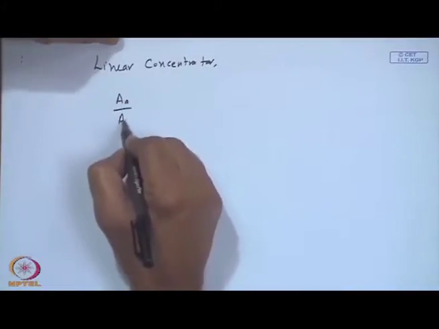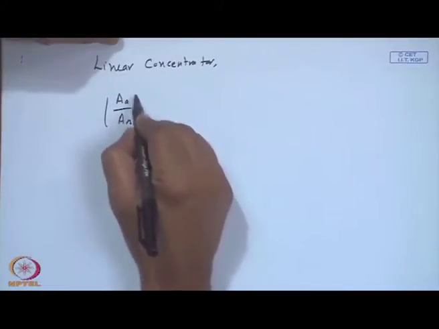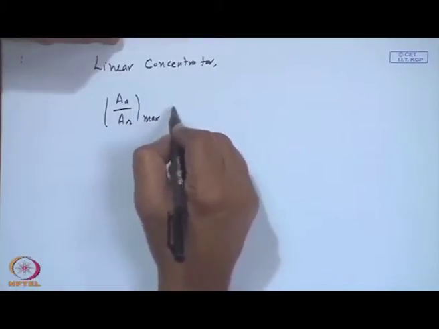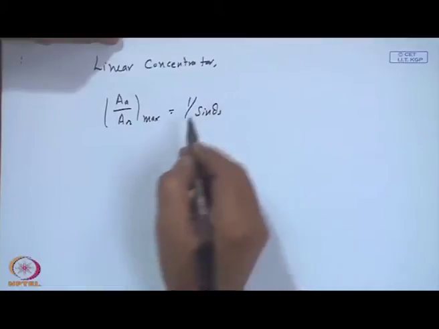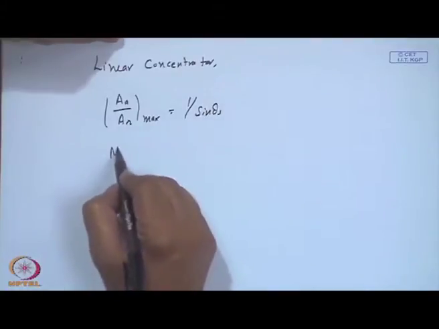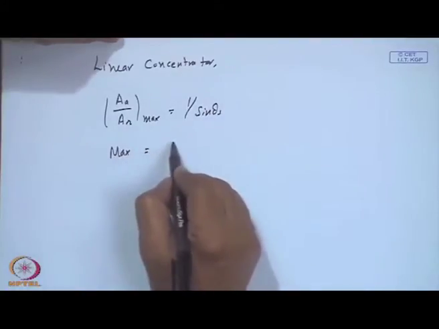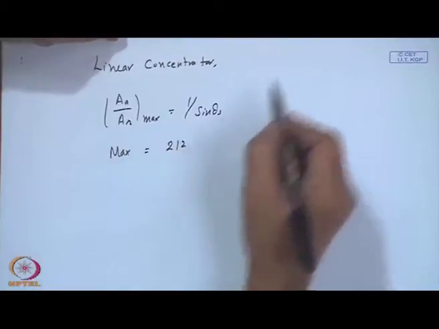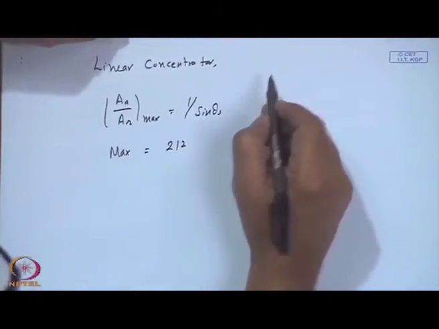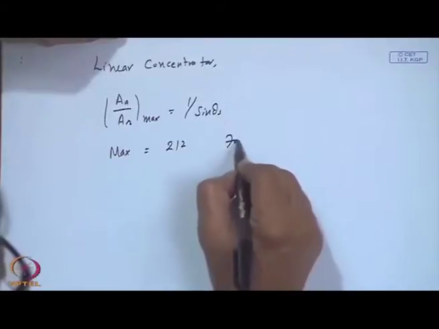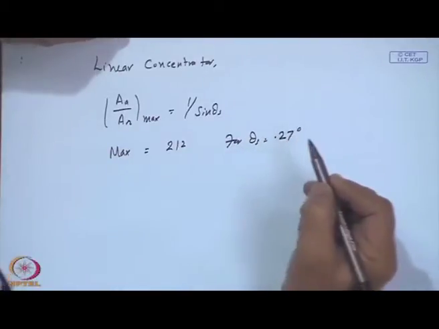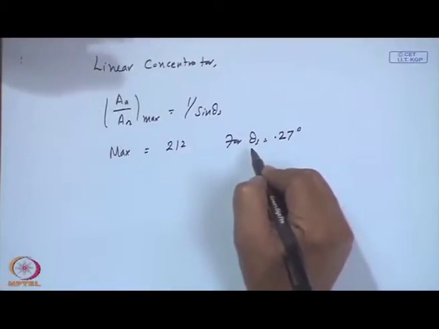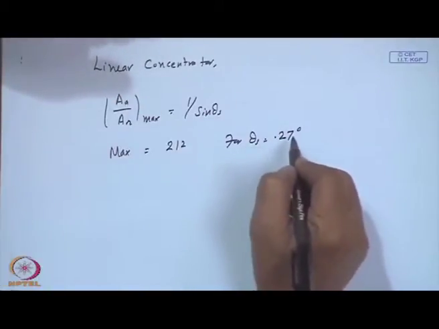A upon AR maximum will be 1 upon sin theta s, which is equal to 212 if theta s is 0.27 degrees.